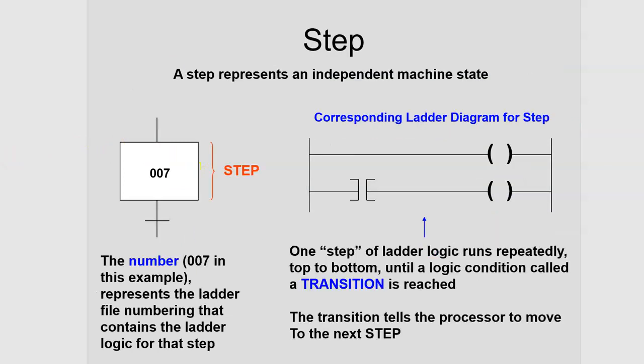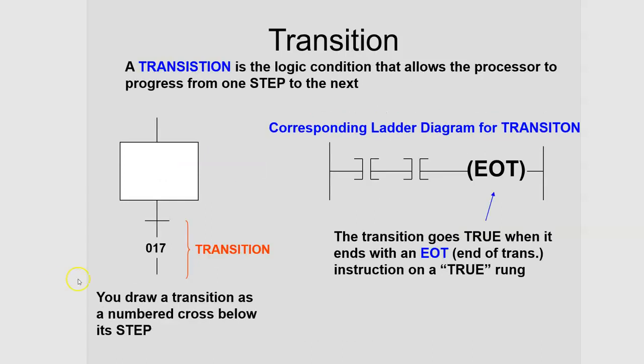Also notice the number here. There's a number there, and then notice the transition has a number. You can think of those as being very similar to addresses. You've got to have a way of referencing the step or referencing the transition, and so these addresses are there.